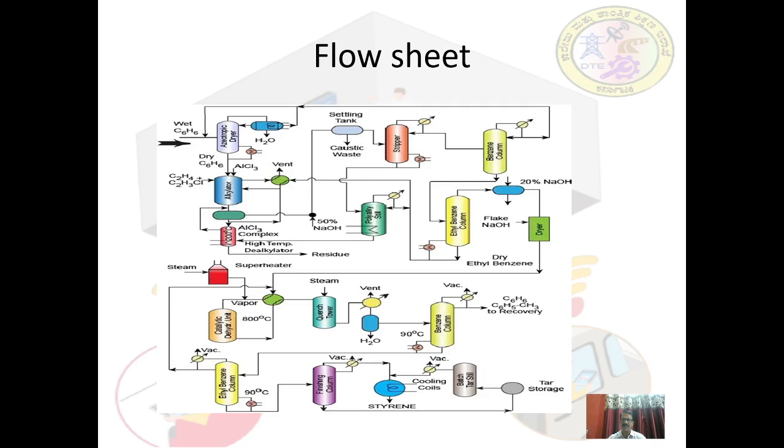In this ethyl benzene column, the ethyl benzene is separated from the top and treated with 20% sodium hydroxide solution, and it is dried in a dryer by percolating through a flake of sodium hydroxide bed to get the dry ethyl benzene.